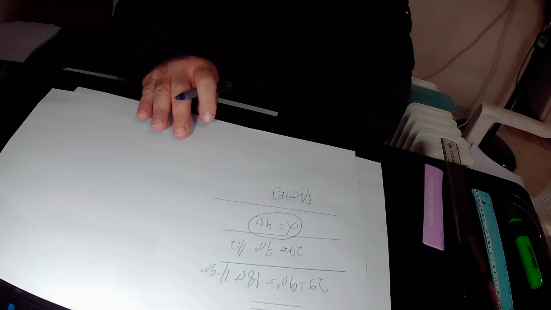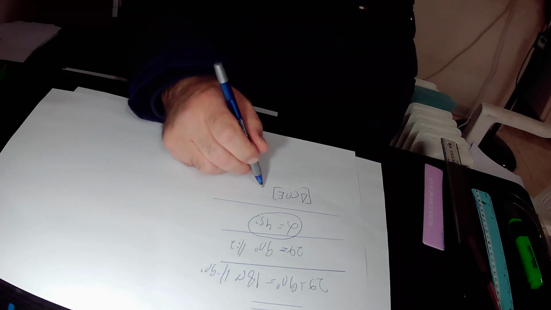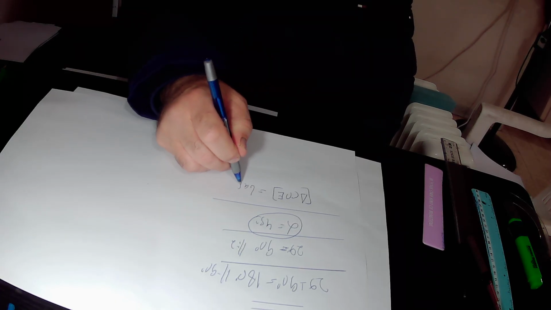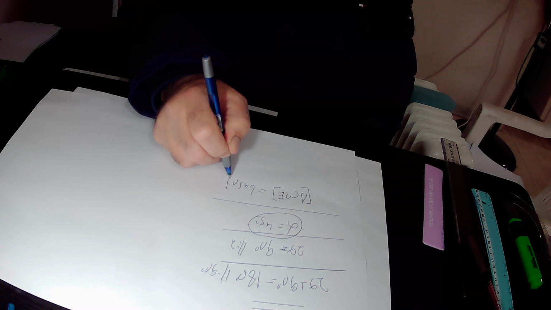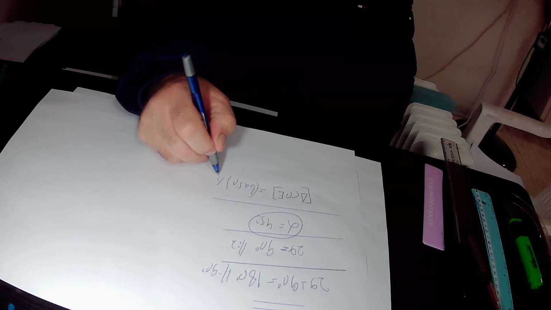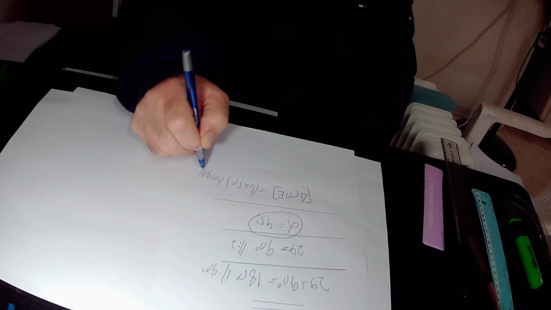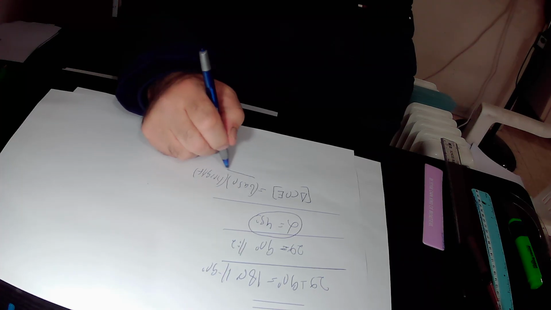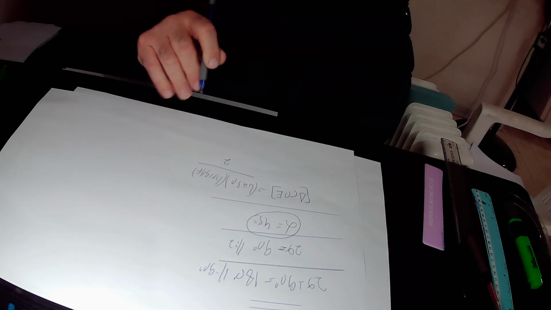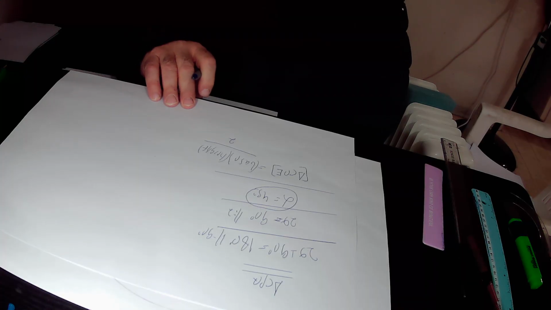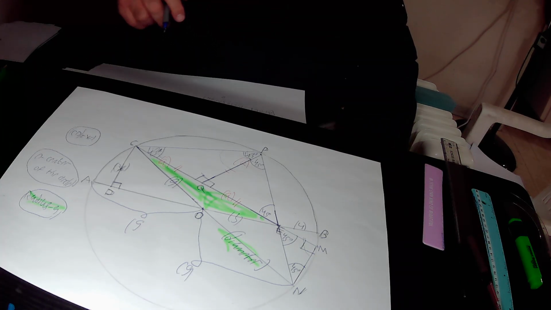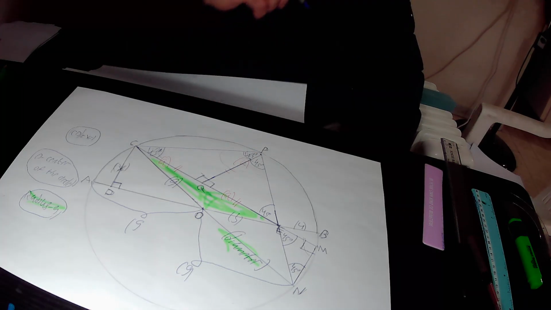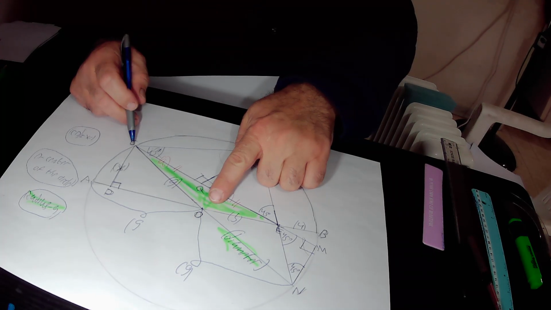Actually, we know that the area of any triangle equals the base of the triangle times the height to the base over 2. So, we will choose the base of this green triangle COE as CO.